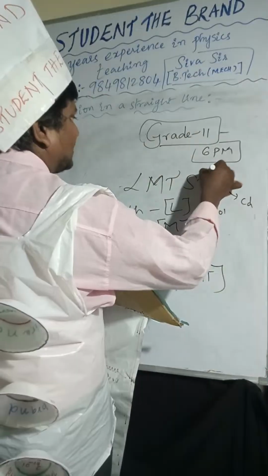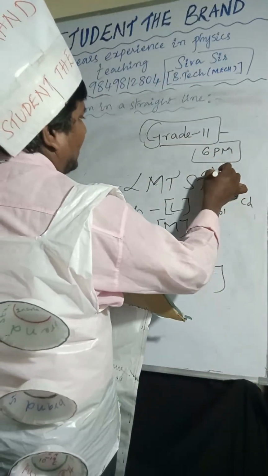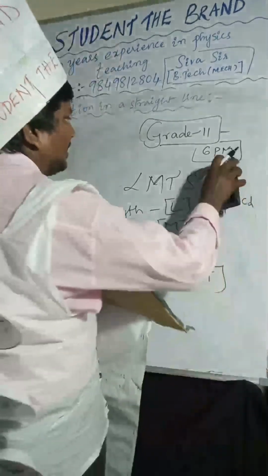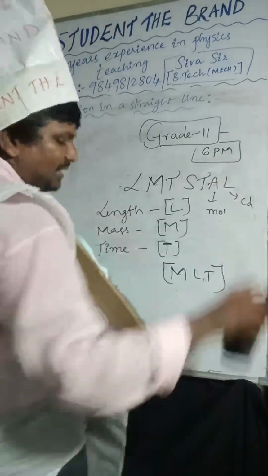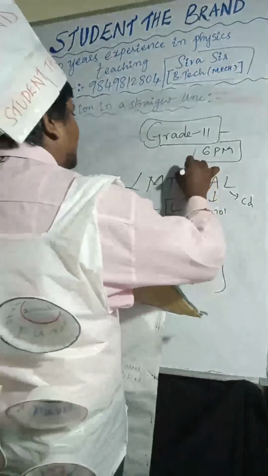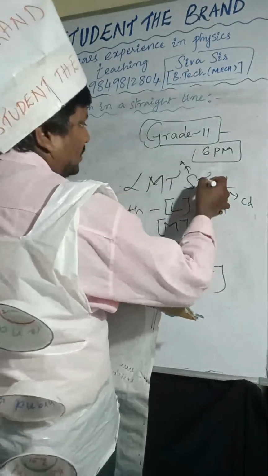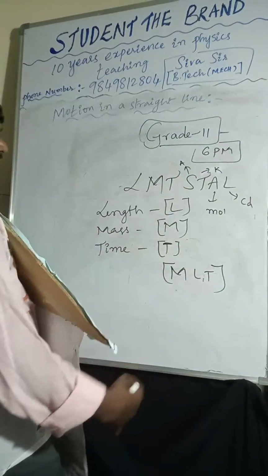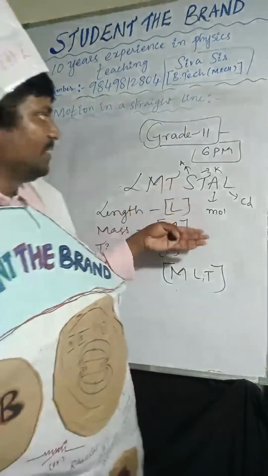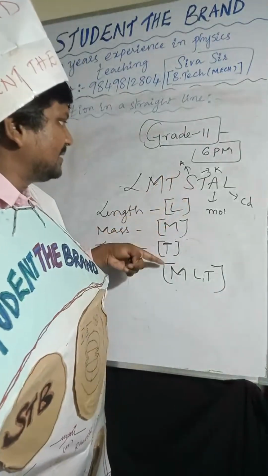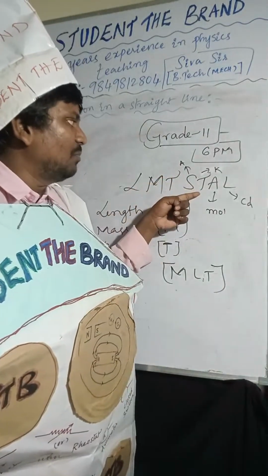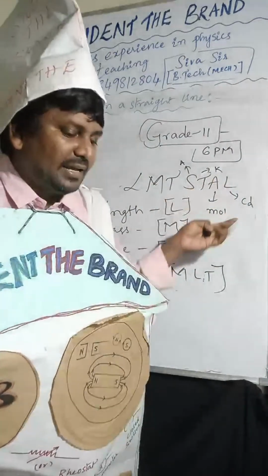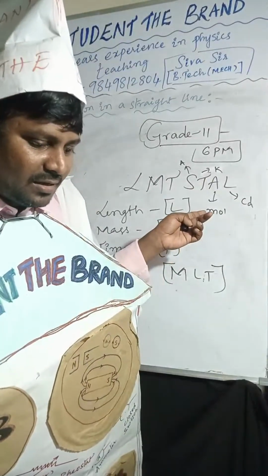Strength of electric current is ampere, capital A. Thermodynamic temperature is kelvin, K. These are the dimension formula symbols we can use: length, mass, time, electric current, thermodynamic temperature, amount of substance, mole, symbol mol.